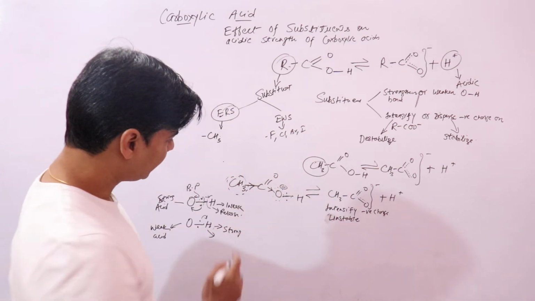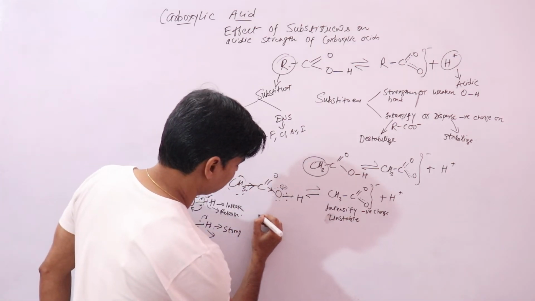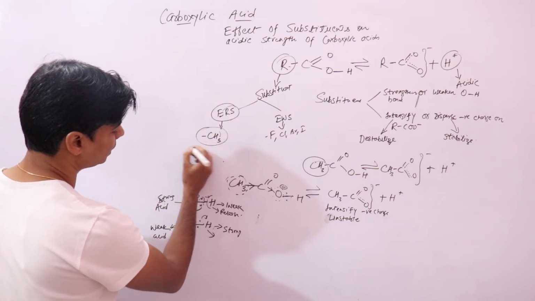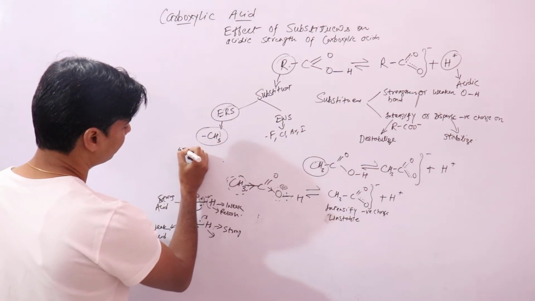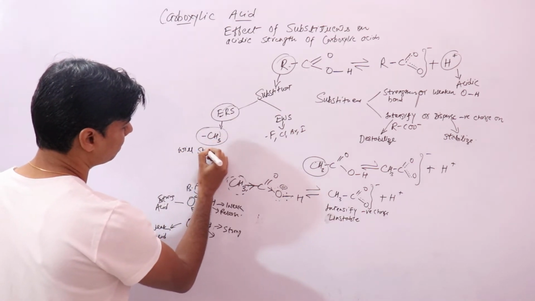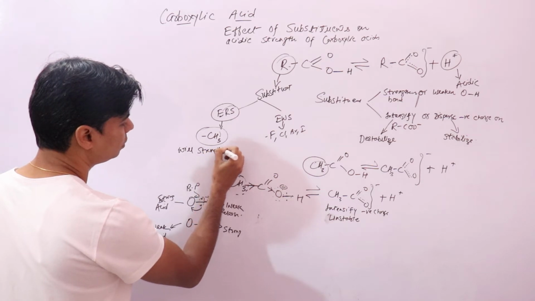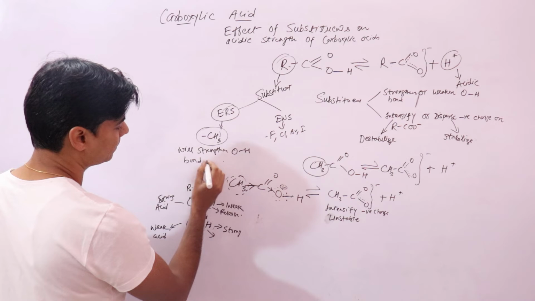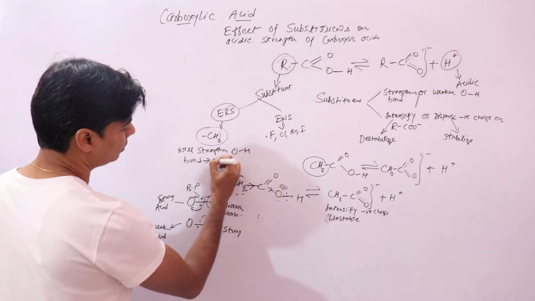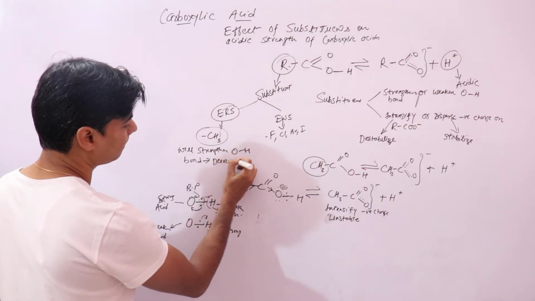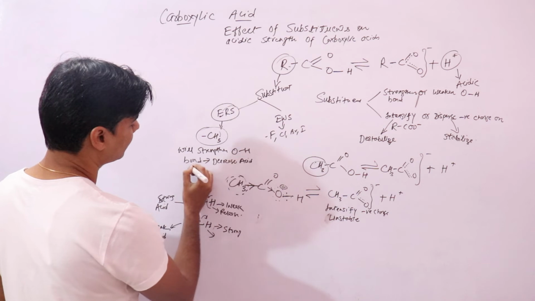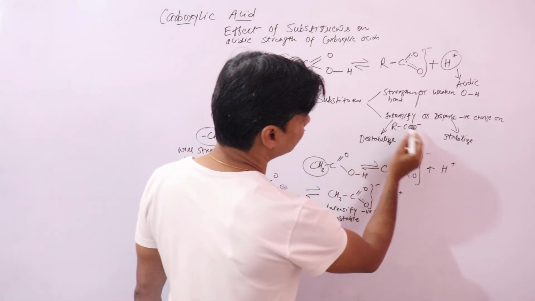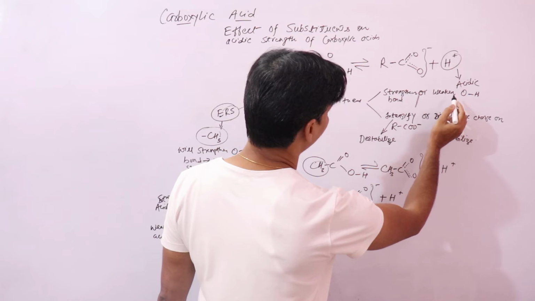So in general, we say that electron releasing substituents will strengthen the bond, strengthen your OH bond, right, and will decrease the acid strength.